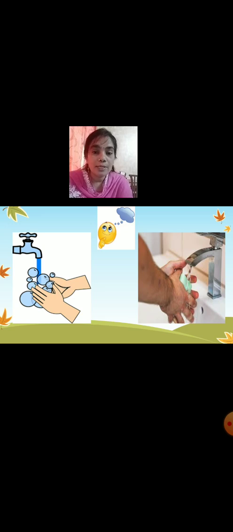So the question is, can you hold the water? No. And in the second picture, can you hold the soap? Yes. Because liquid we cannot hold with our hands, and the solid we can hold it.